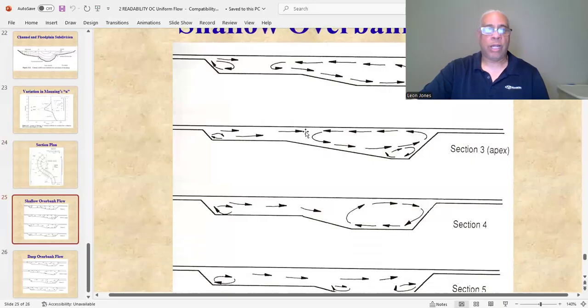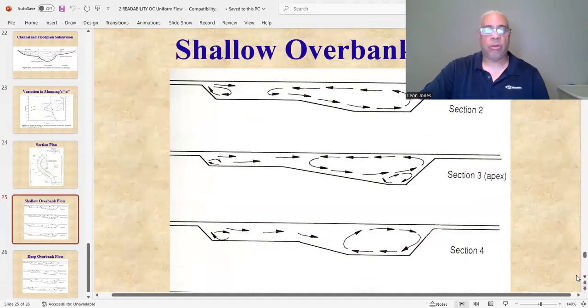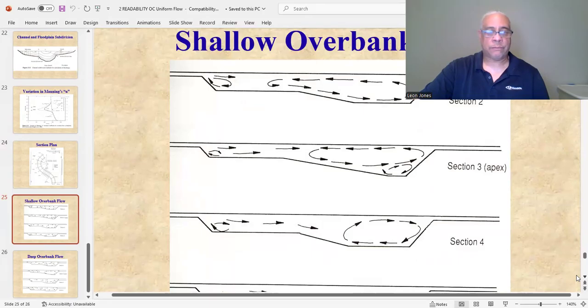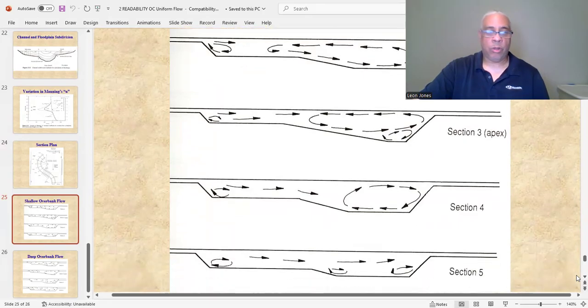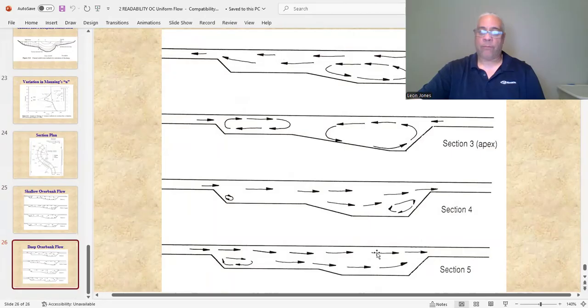Excuse me for the technology here. Picture might have been a little big, might have hit something. But again, just giving you a lesson here on what it looks like. Overbank flows, and here's your deep overbank flow.